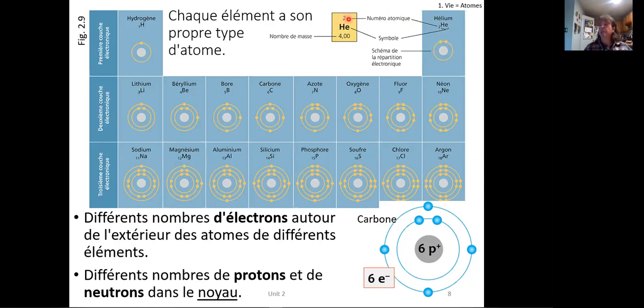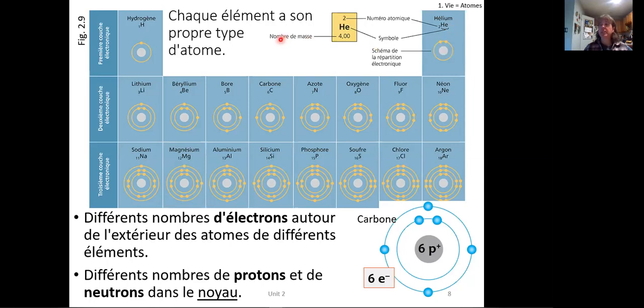The atomic number is the number of protons. So this 2 written here or next to the He means there's 2 protons within that nucleus.